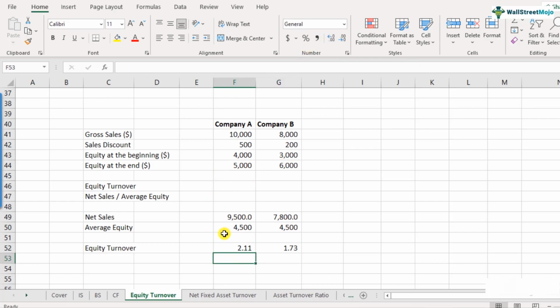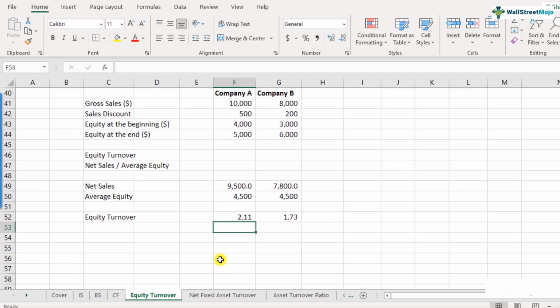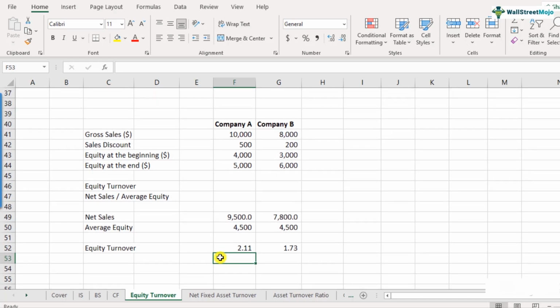Let's say if these two companies are operating in the same industry, we can say that company A is able to generate higher sales per unit of its shareholders' investment. So because they are able to generate $2.11 of sales when they invest $1 in shareholders' equity, as compared to company B that generates only $1.33 per unit of their shareholders' equity.